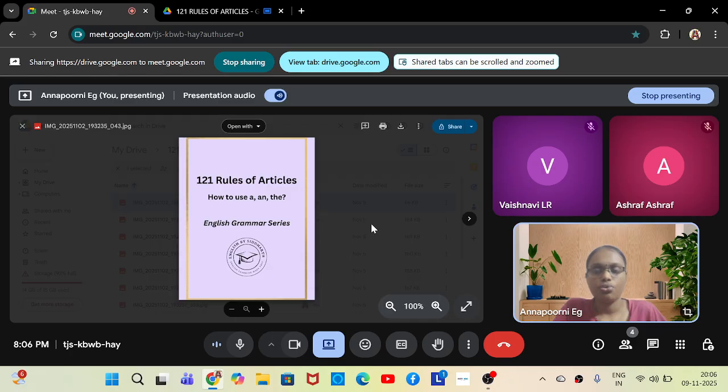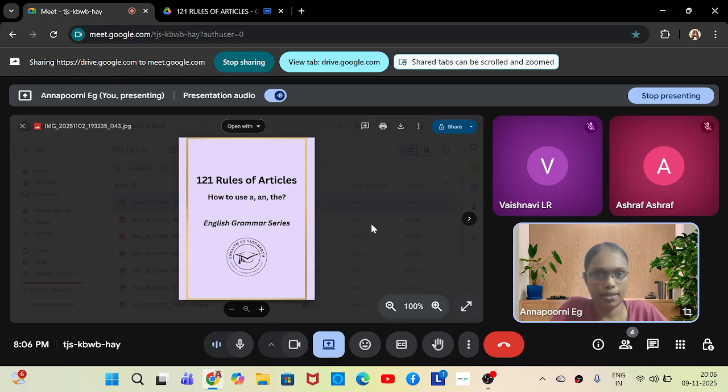First of all, we have to know what articles are. Articles are small words used before nouns or noun phrases in a sentence. And how many articles are there in English?